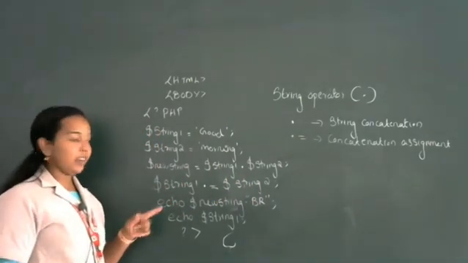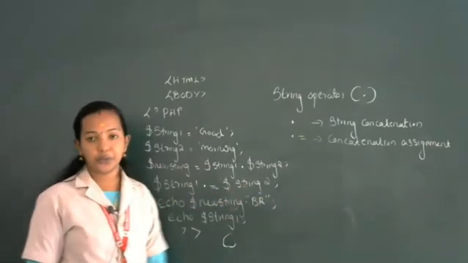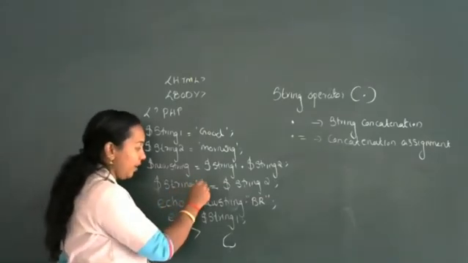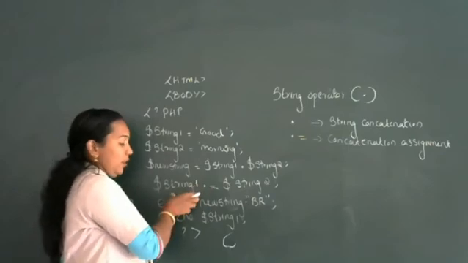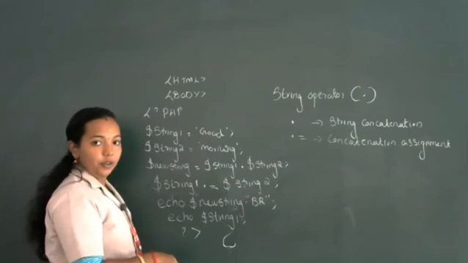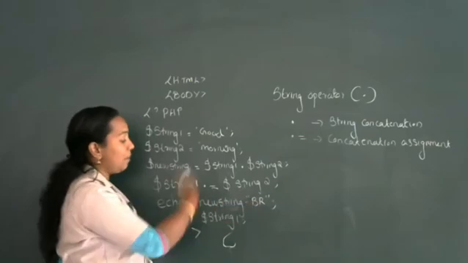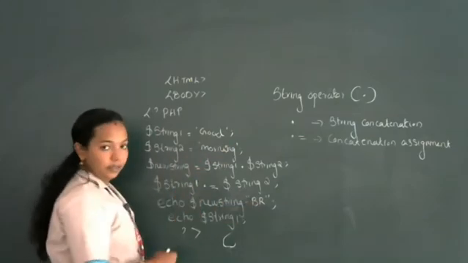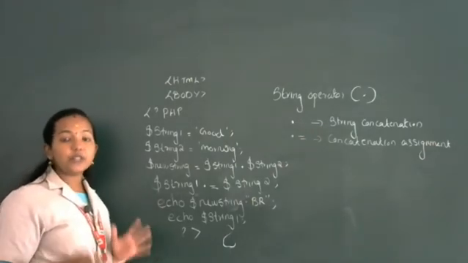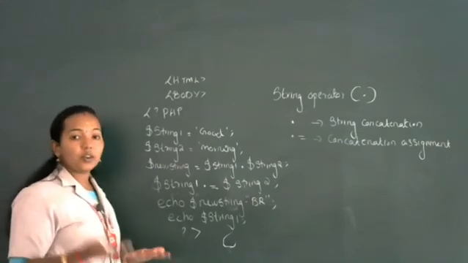Then in the second case, $string1 .= $string2. What does this statement indicate? To string1, string2 is attached first. The value present in string1, good, is combined with string2, morning. Then you don't need a new variable to store the result. The first variable itself stores the final result.